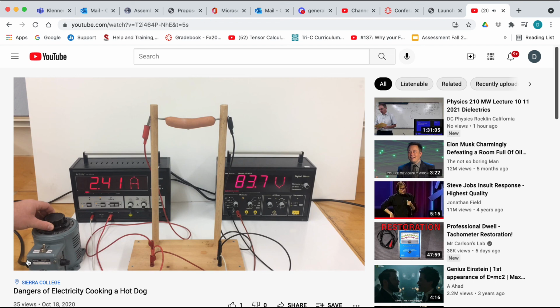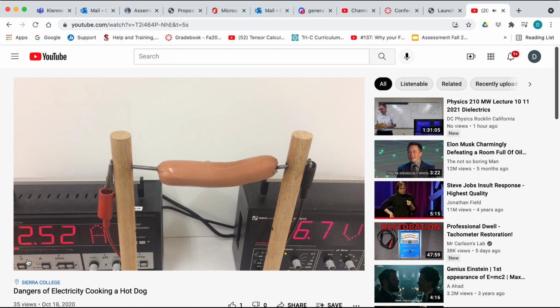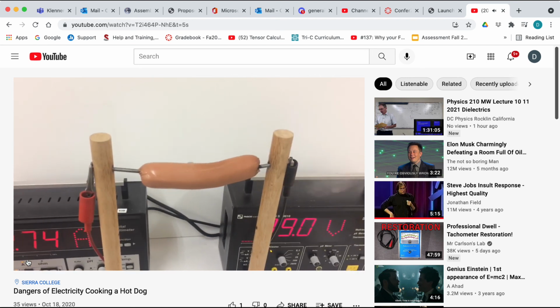It's broken apart. And we have lots of steam. You can see the bubbling there. Oh, and I can see the steam on the right. So that's how quick it is. The only thing missing is the smell of the cooking hot dog.